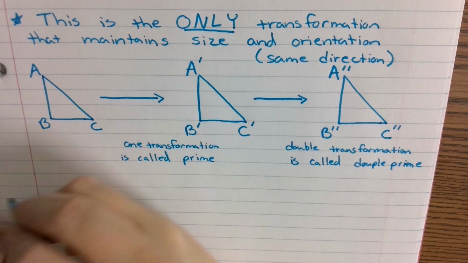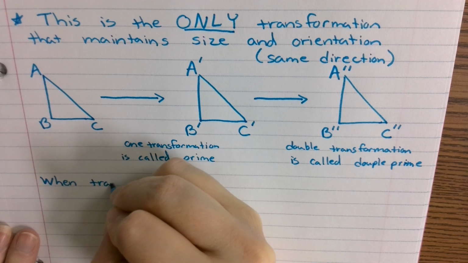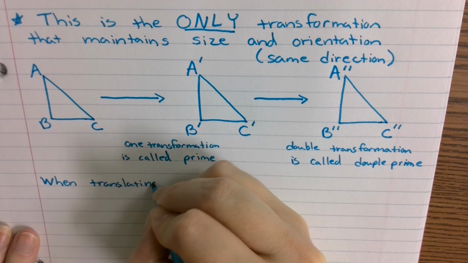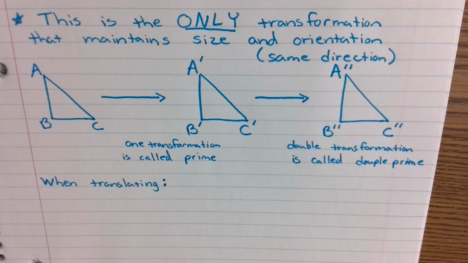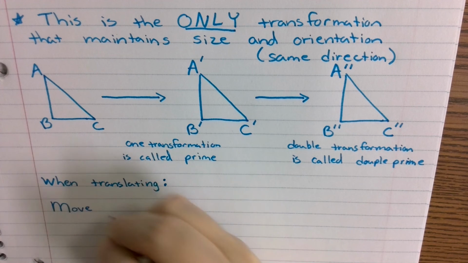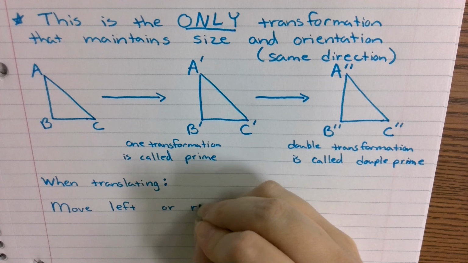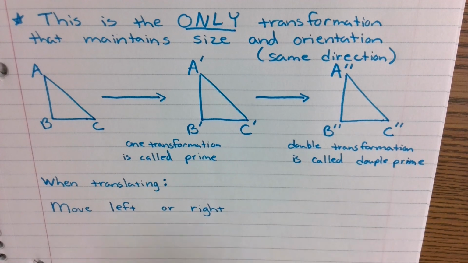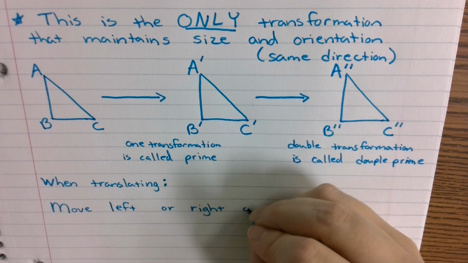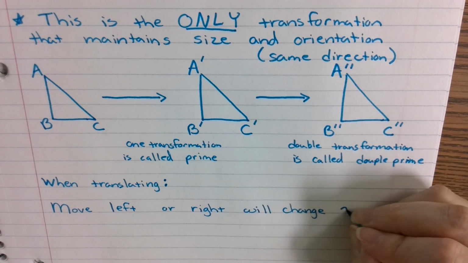Another thing that's really important to know. When you are translating, so the concept of translating, again, is going to cause you to move from one position to another. So for translation, if it indicates that you're going to move to the left or to the right, a move to the left or to the right will change your X value.